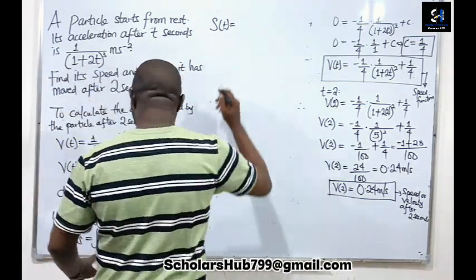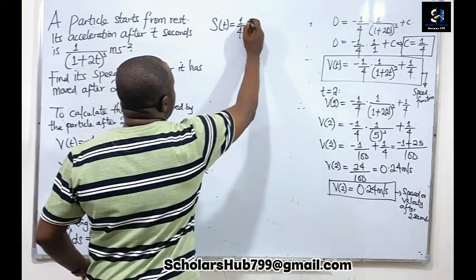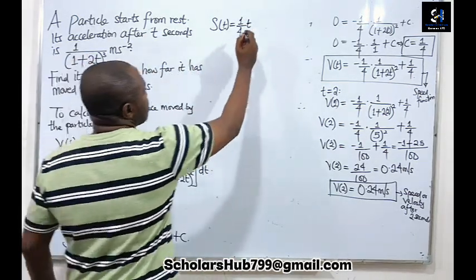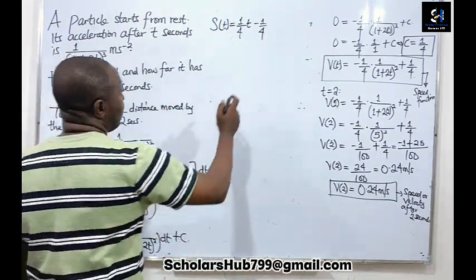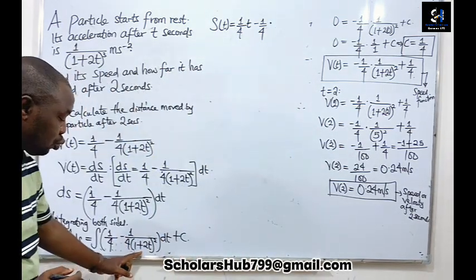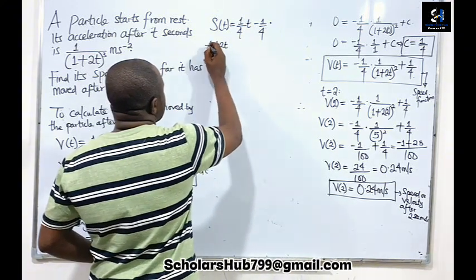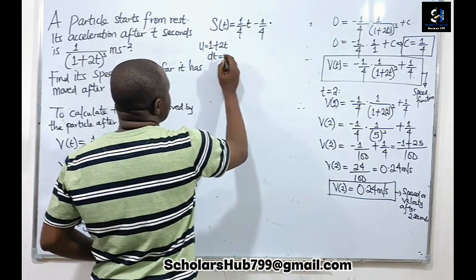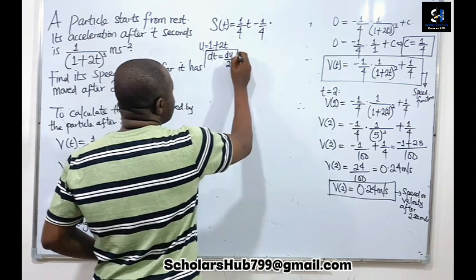This will be equal to, integrating this, 1/4 t. Then let's integrate this: negative 1/4 multiplied by... if we let 1 + 2t equal u, it means that dt will be equal to du/2, the same way we did the first time.